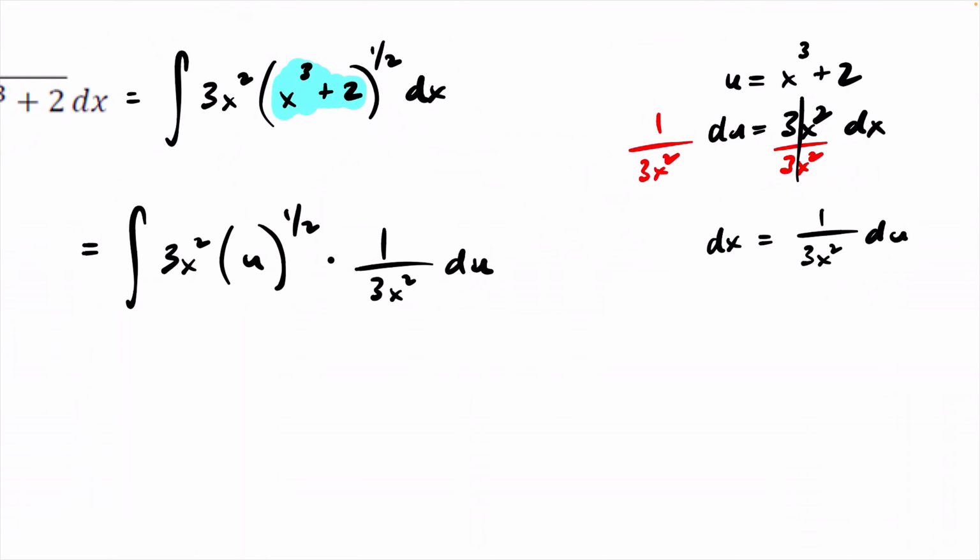I don't want that. I just want u's. So if I did this correctly, the x's should cancel each other out. They do. X squared divided by x squared makes a 1. This won't happen all the time, but 3 divided by 3 also makes a 1. So I have 1 times u to the 1/2 times 1 over 1, or just du.